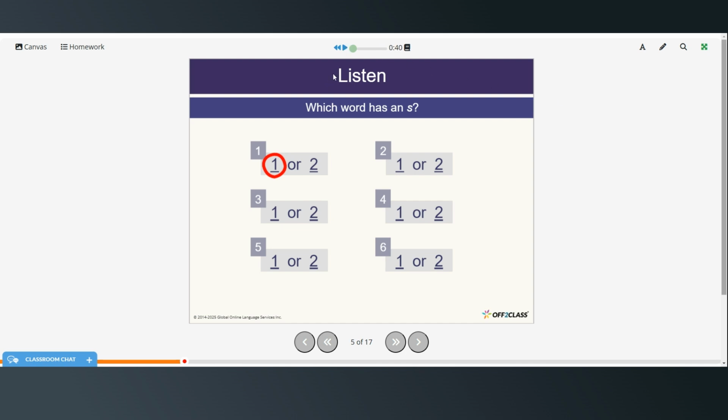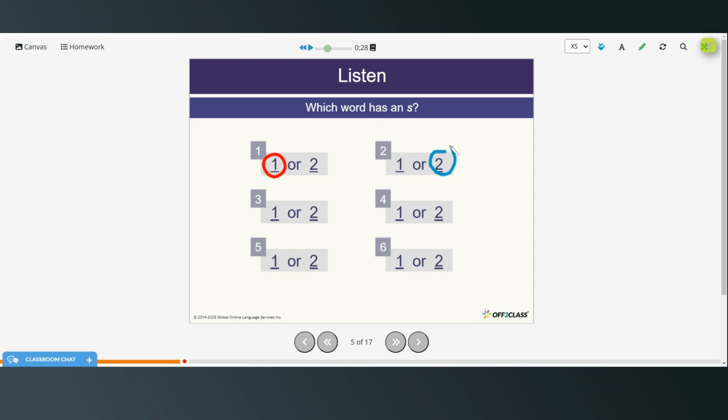We'll do them one at a time because it can be a little bit difficult to hear. Sip, zip. So it's the first one, sip, but not zip. Zit, sit. So that one is the second one.